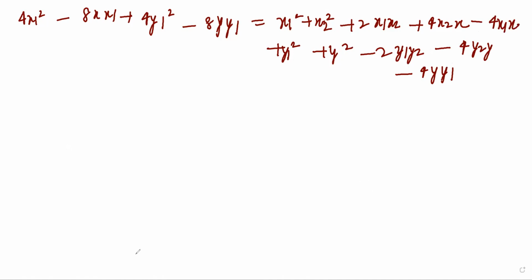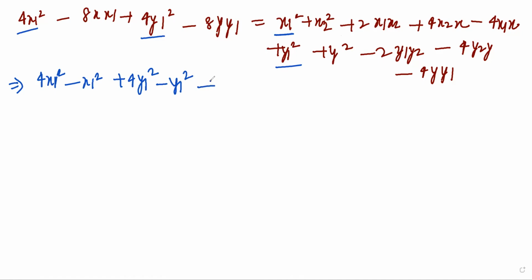So taking all the terms on the left hand side, so it will be what? So it is 4x1 square. Take this on the left hand side, so it will be minus x1 square plus 4y1 square. So here y1 is there, so minus y1 square. So this is finished, right?